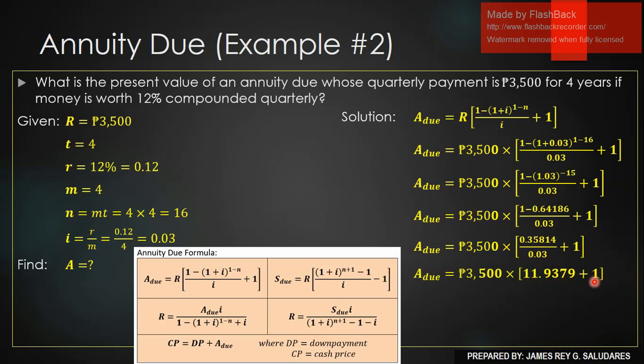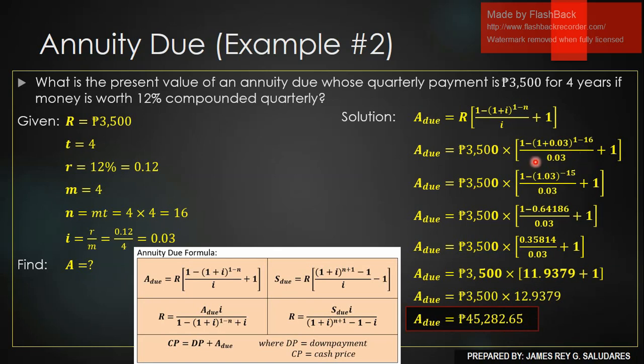Add 1 to it, so you have 12.9379. And multiply it by 3,500, so the present value of the annuity due is 45,282 pesos and 0.65. So this is now your final answer.